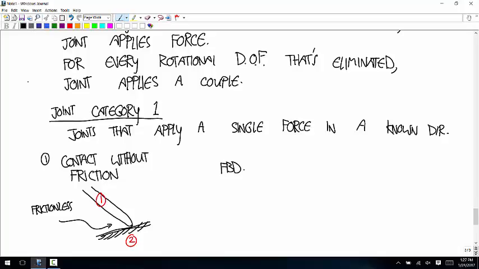So a free body diagram of body 1, not the whole thing, but just a part of the free body diagram down at that contact. If the contact is like that, the force has to be perpendicular.